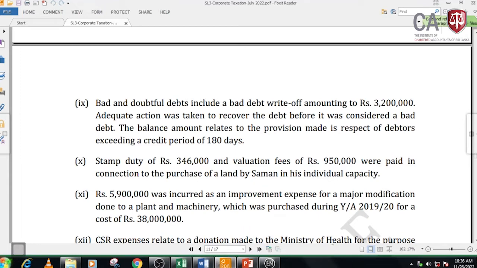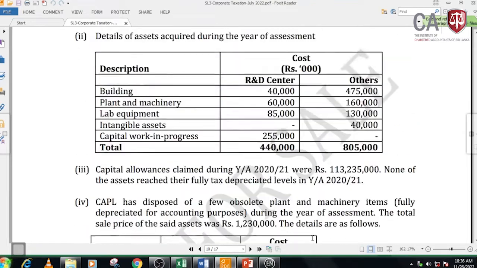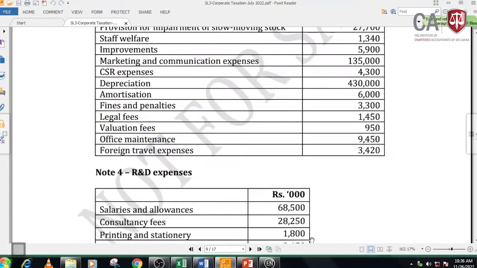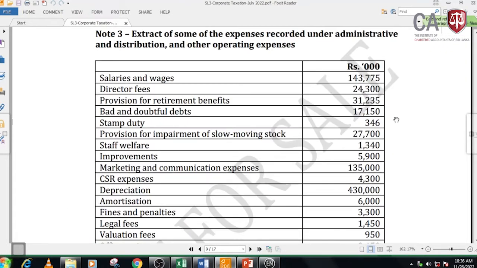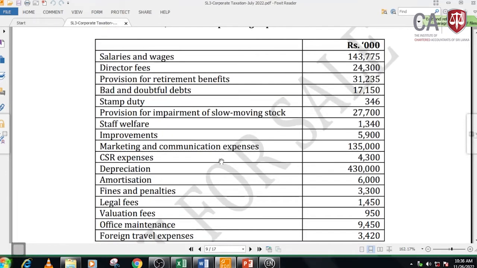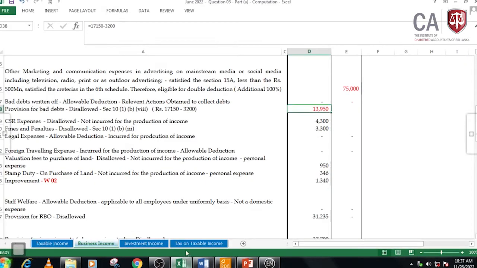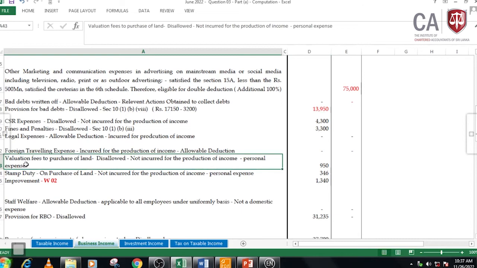This should be disallowed. Now where it has been mentioned, there is stamp duty 346 and the other one valuation 950, both we need to consider as disallowed. Okay, valuation fees to purchase land, it's disallowed. It's not incurred for the production of income, therefore it's a personal or domestic expense according to the law.